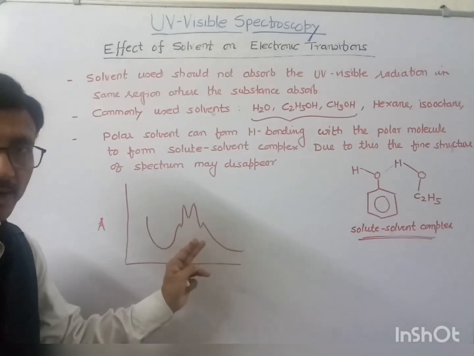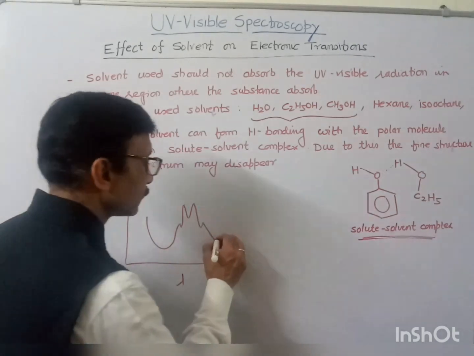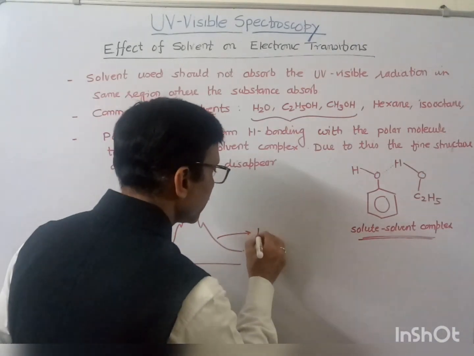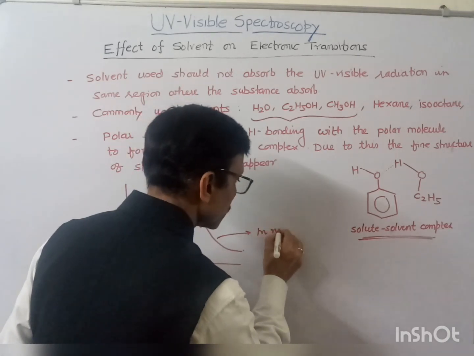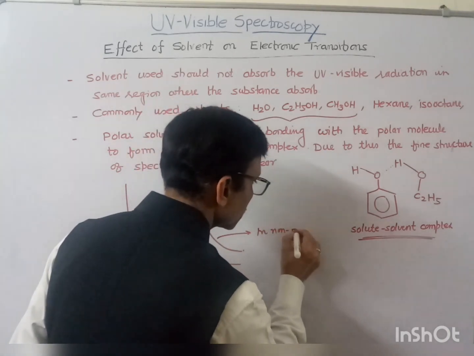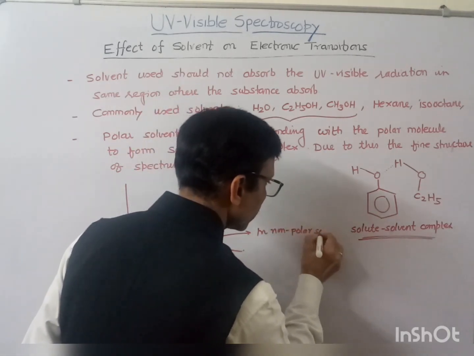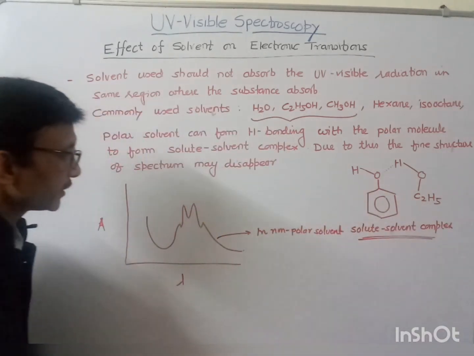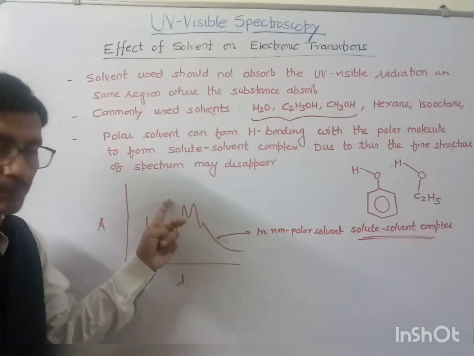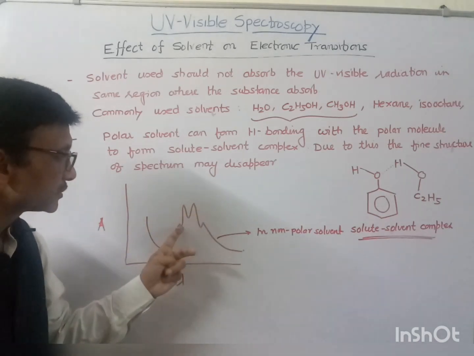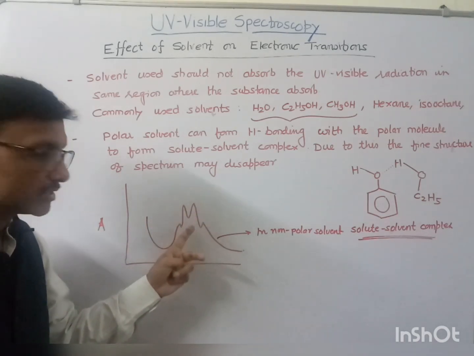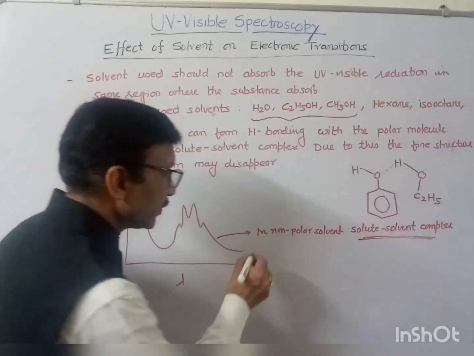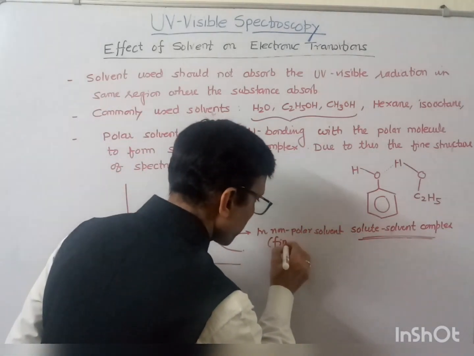This is the spectrum in a non-polar solvent, and you can see in the non-polar solvent there is a fine structure. These different peaks are there. This is the fine structure.